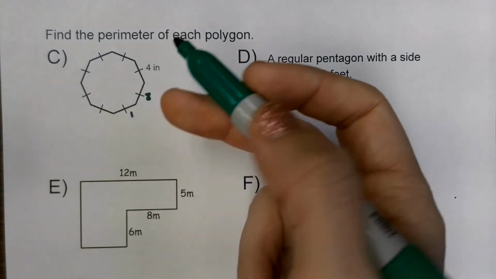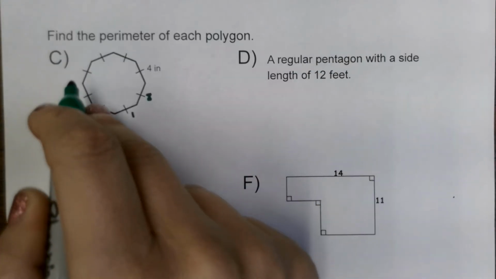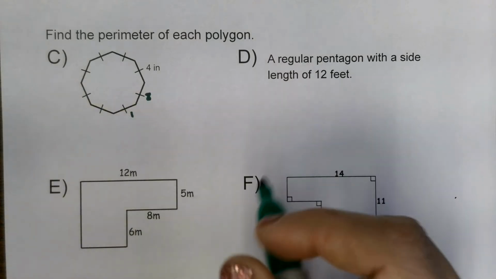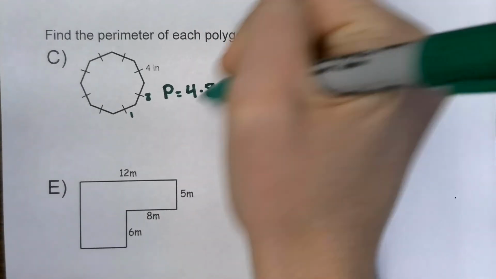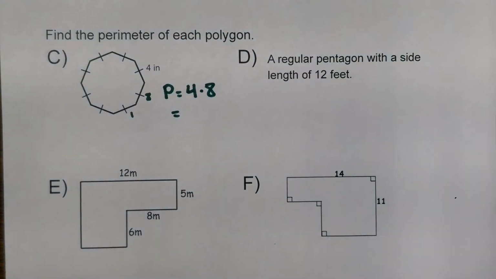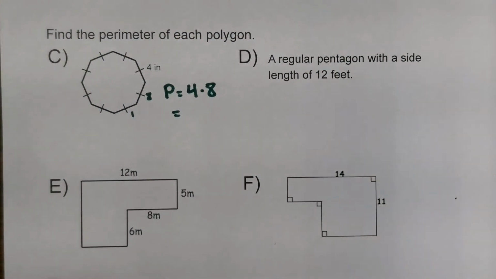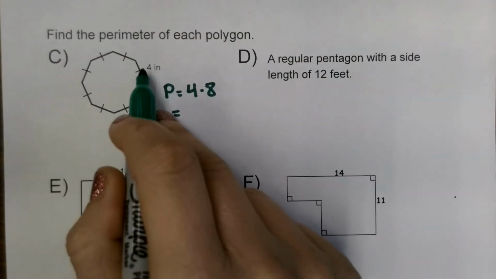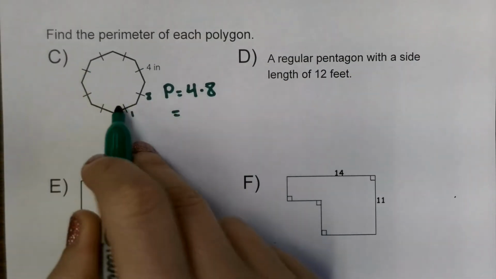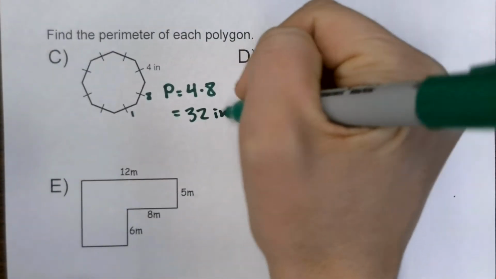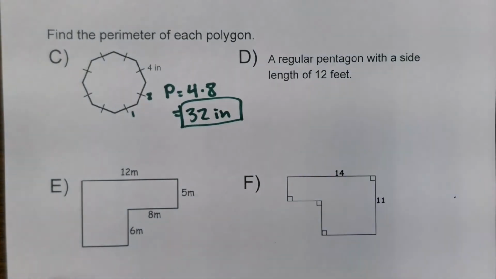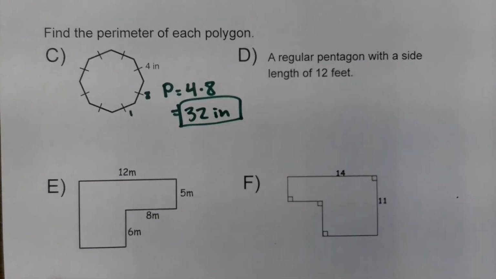So I've got, for perimeter, 4 plus 4 plus 4 plus 4 plus 4 plus 4 plus 4 plus 4. Or I can take my side length and multiply by the number of sides. Just like for my square, I took the side length and multiplied by 4 because it always has 4 sides. In this case, I can take my length and multiply by 8 because that is the number of sides. Same thing I would get if I added 4 8 times.